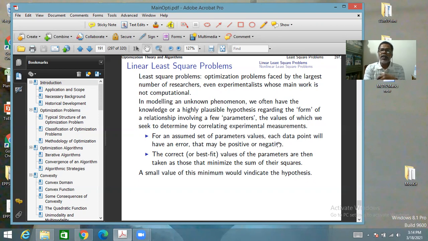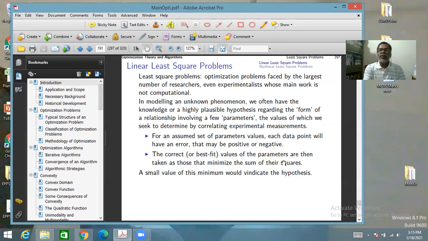Each data point will give you an error value, which may be positive or negative. You want to reduce either of them. Whether positive or negative, you don't like either of them. So you may like to reduce its square for each data point. And so what you do is sum up all those squares of errors over all the data points and define this as the master function which you really want to minimize with respect to those parameter values.